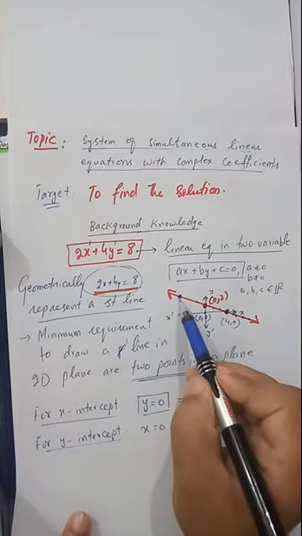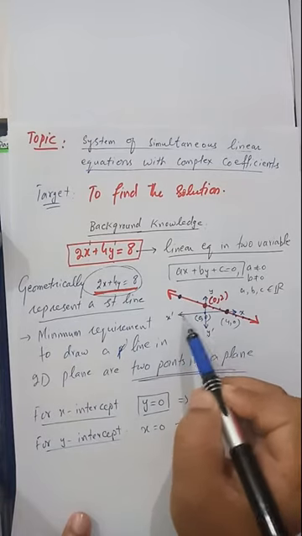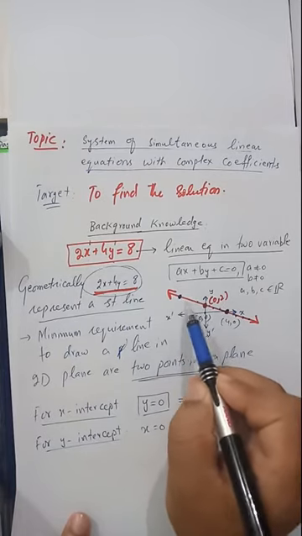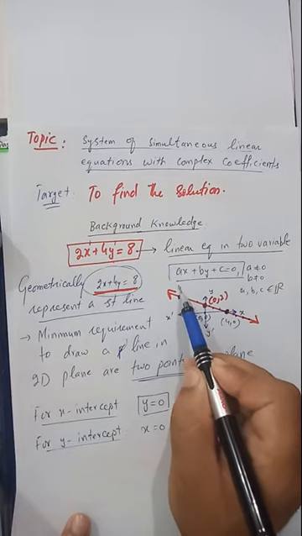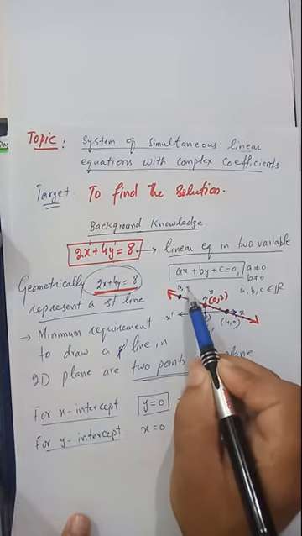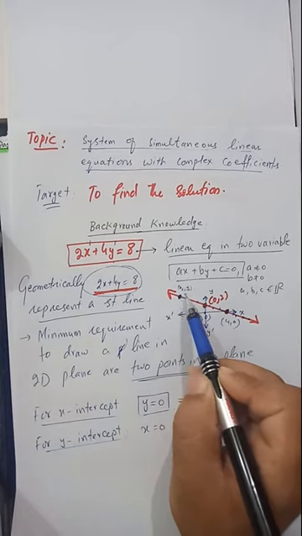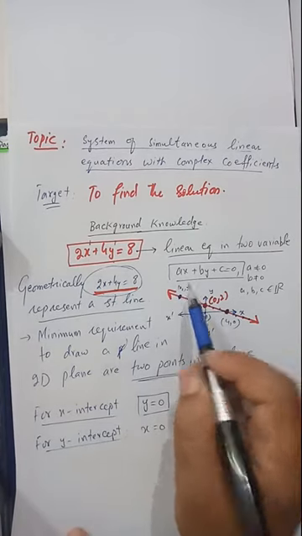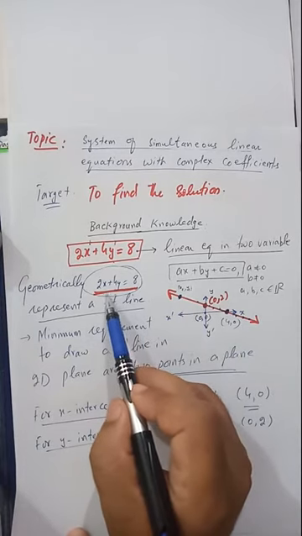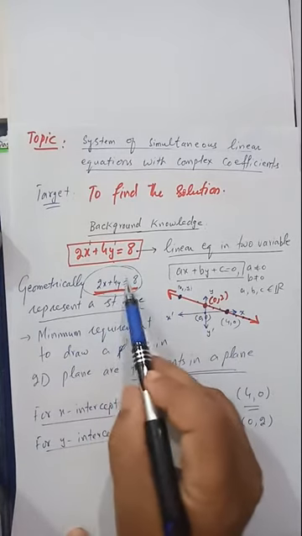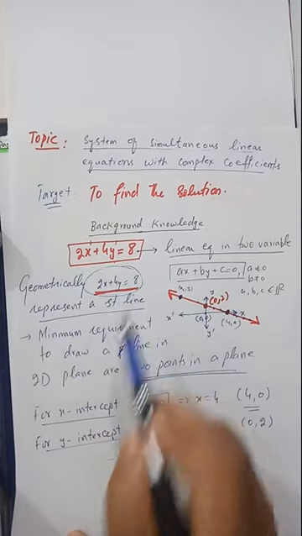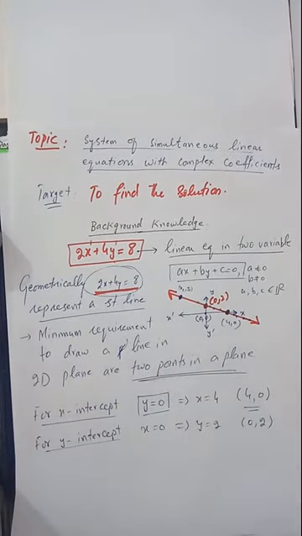So if I choose this point, it has some distance on the x-axis and some distance on the y-axis. So this point has two coordinates. Let's say the x coordinate is x1 and the y coordinate is y1. It may be some specific values. Those specific values, when replaced in this equation for x and for y, will give left hand side equal to right hand side. Those values will satisfy this equation.